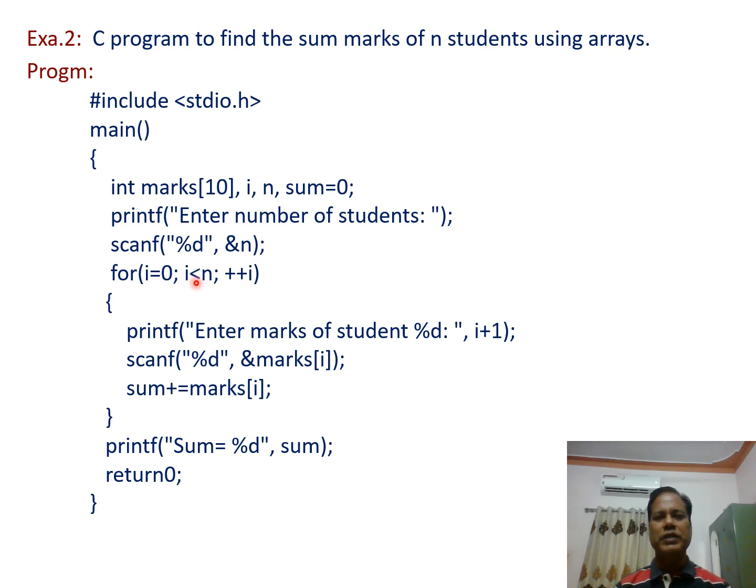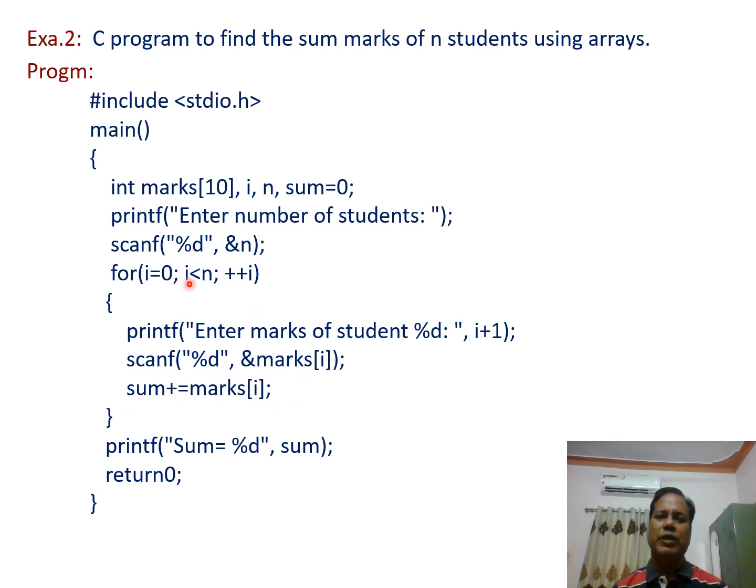If 1 is less than n is true, again the body of the for loop is executed, and the marks of the second student are taken in and added to the previous sum. In this way, depending on the value of n, the marks of that many students are taken in and their sum is also found.